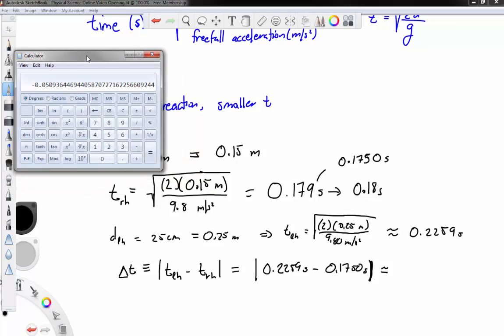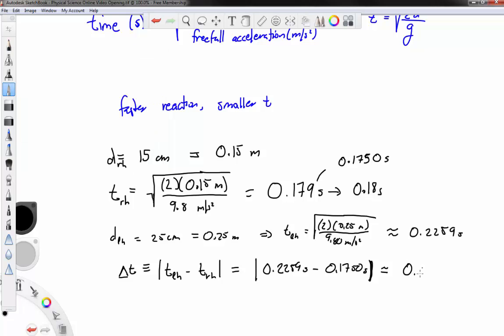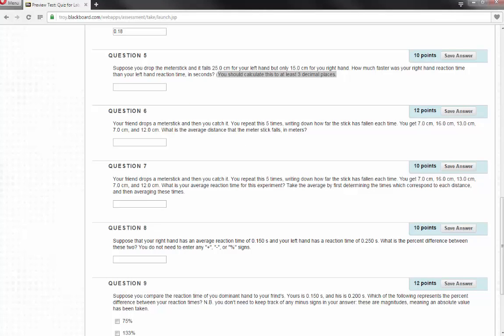Take an absolute value, and what you end up with is 0.0509 seconds. This right here is to 3 decimal places. The 509 are significant. So what I need to enter here onto my answer would be 0.0509.